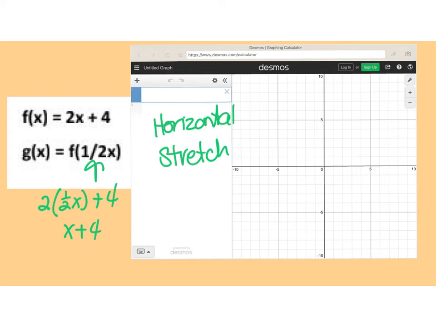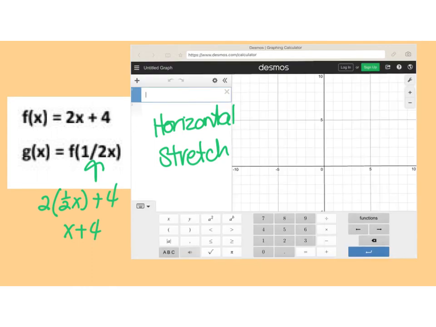So let's see now once we graph. Hopefully it doesn't erase my writing there. Good. All right, so 1/2 x plus 4. There we go. Now you should notice that the y-intercept isn't going to change, but the line should be getting flatter because that means it's going to be stretched out.